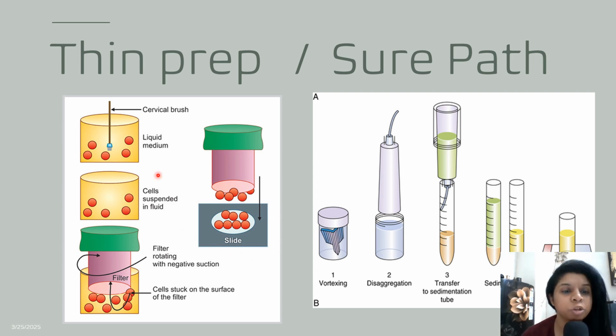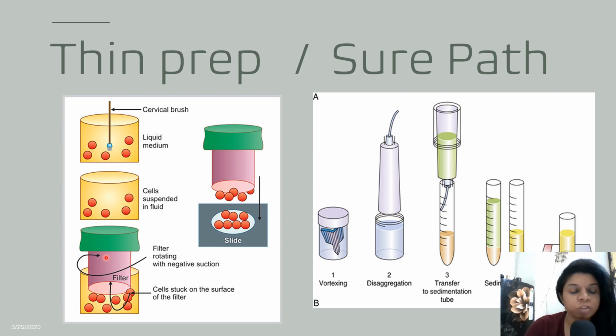In ThinPrep, what we do is first the cervical brush is dipped in the methanol based preservative fluid. Okay. And then we do vortexing, that is, the cells are centrifuged and then allowed to disperse and suspend in the fluid properly. And then we use a filter, it is placed over the suspended tube, and the filter is rotated and you apply a negative suction along with it.